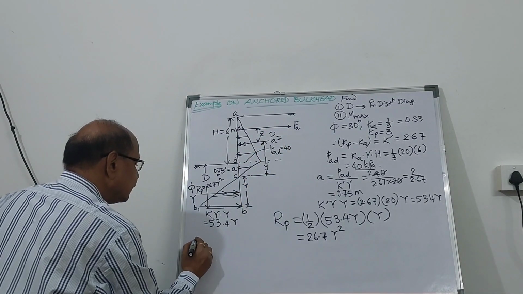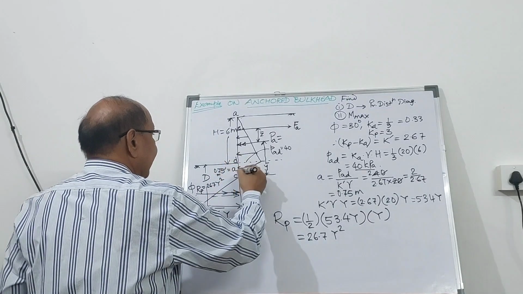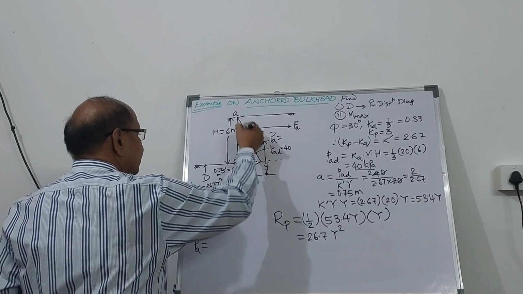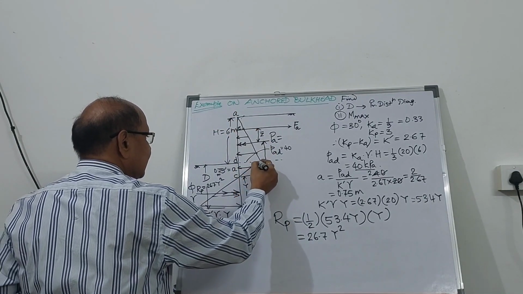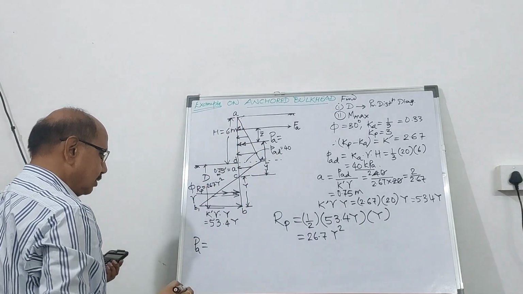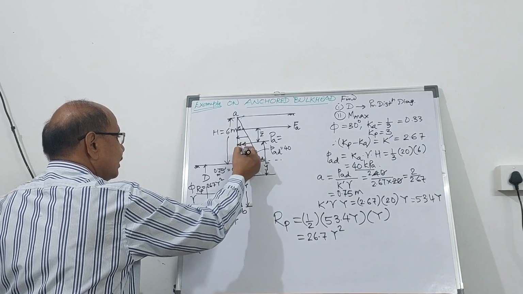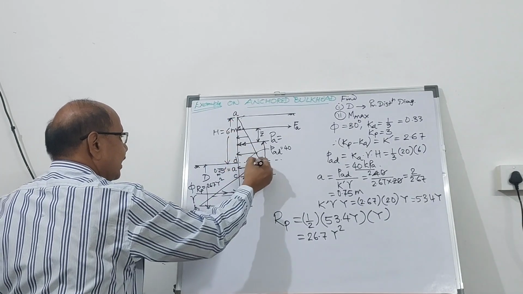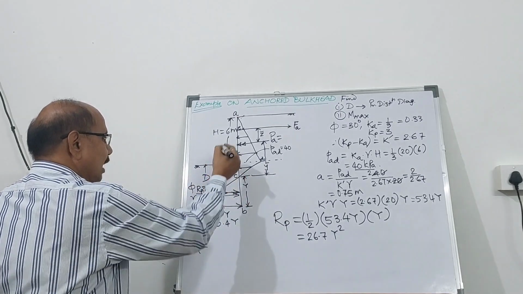So PA will be the area of active earth pressure diagram, that is ACD1, that is the complete area. We can divide it into ADD1 and DD1C, two diagrams.